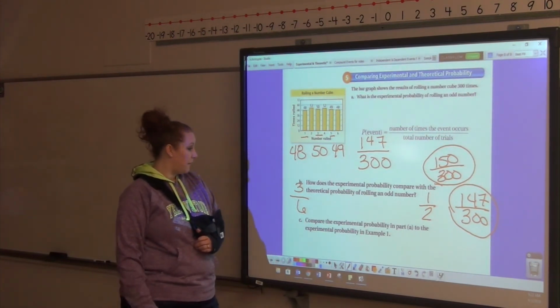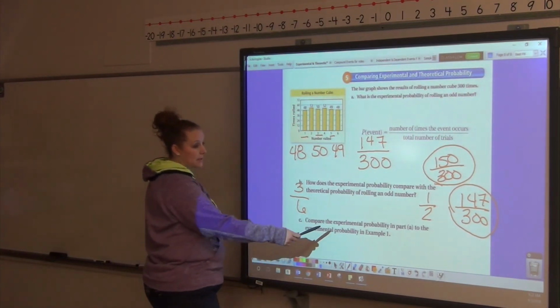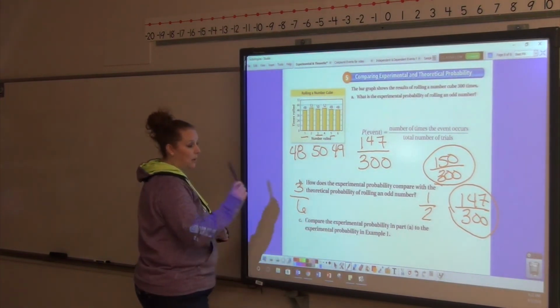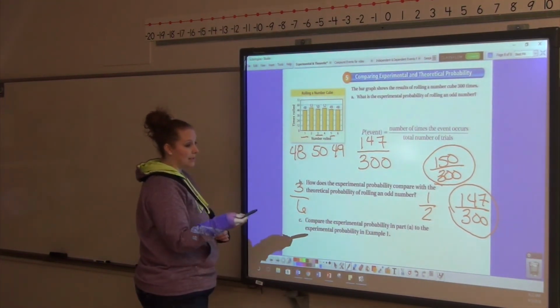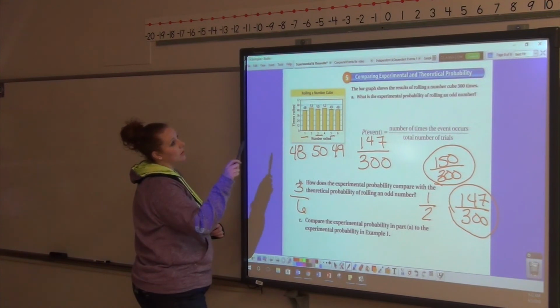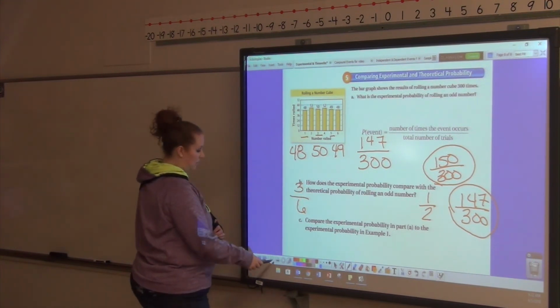It's 3 off. Then compare the experimental probability in part A to the experimental probability in example 1.